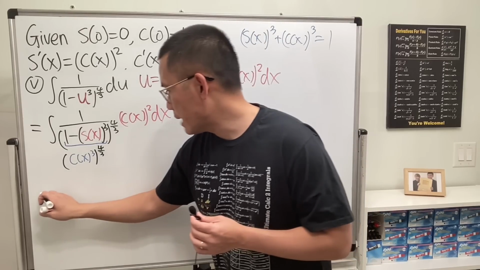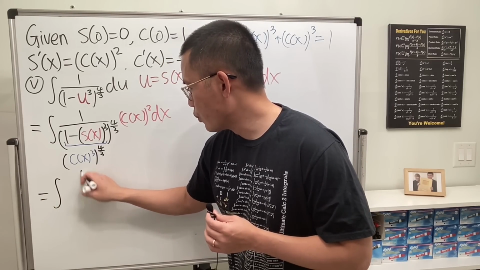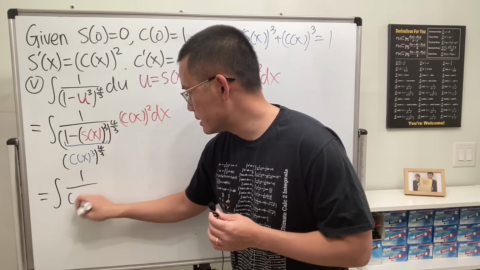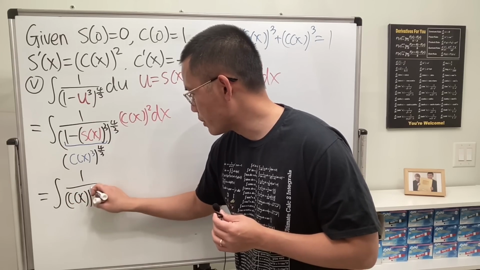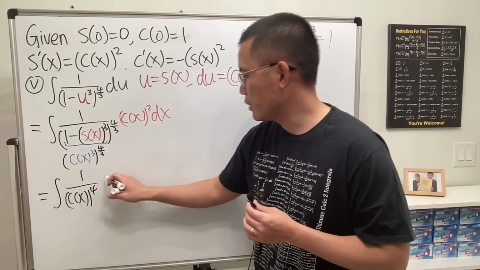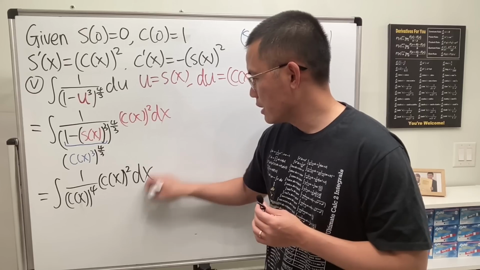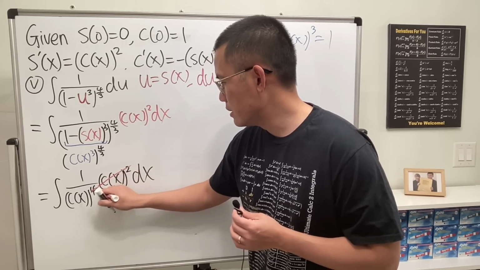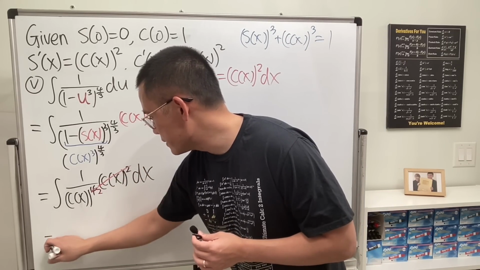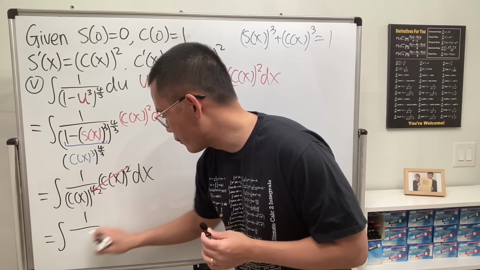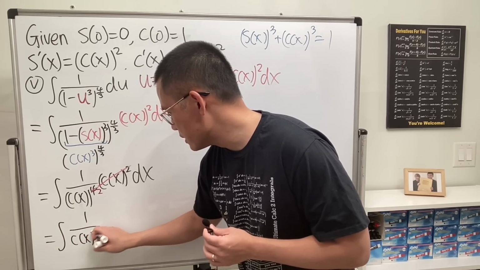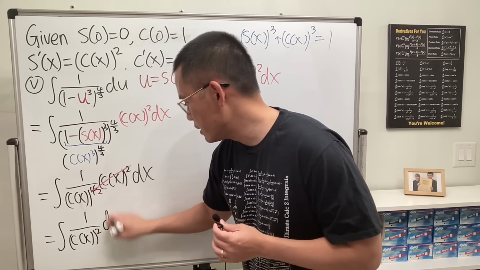So the denominator is just c of x to the 4th power, right? Multiply the powers, and then here we have the c of x squared. And then we can cancel 2 of them, like this. So this right here gives us the integral of 1 over c of x, squared, dx.